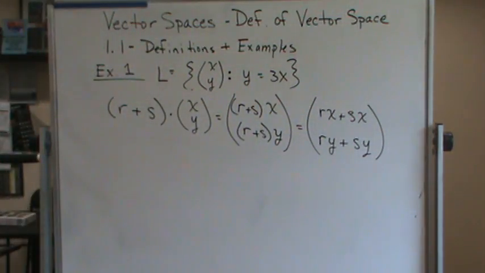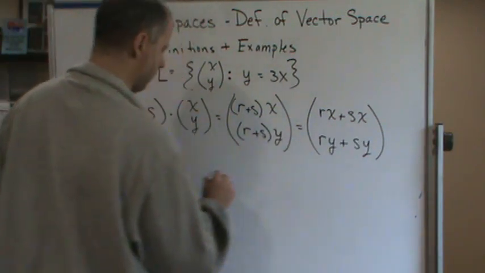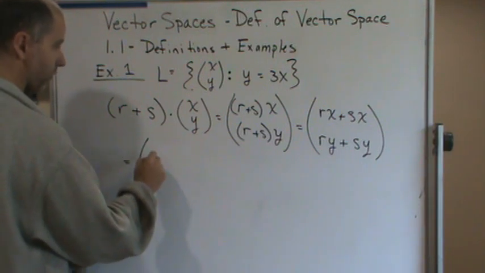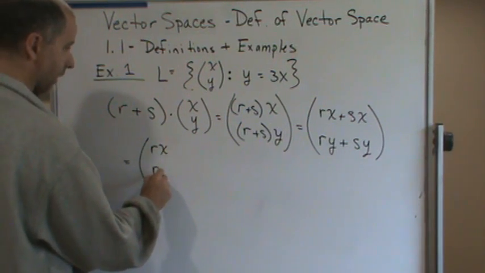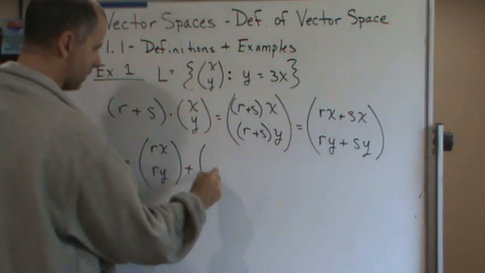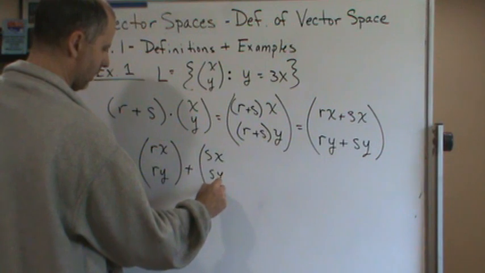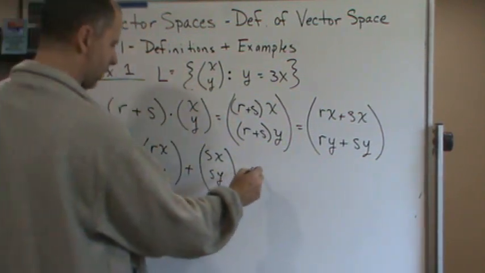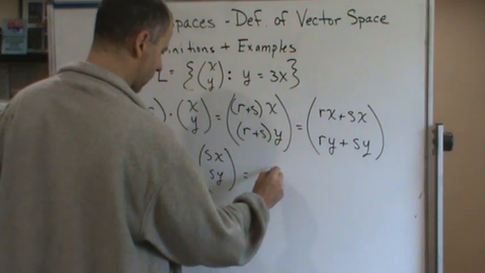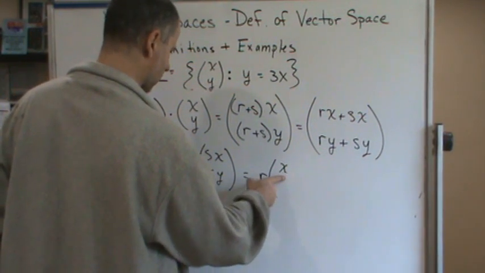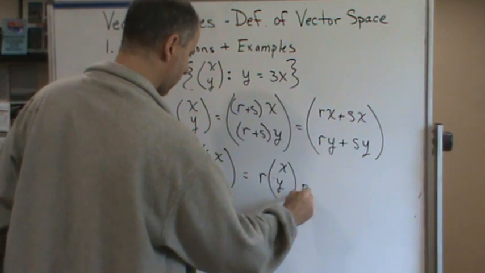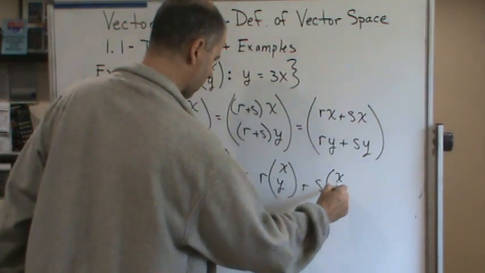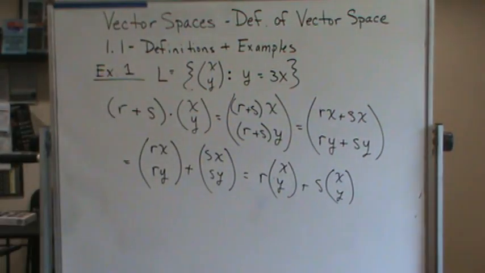And now all we have to do is pull out the r and the s, because now we can split this up, and so this is going to equal (rx, ry) plus (sx, sy), which now we can pull out the r and s, so we get r times (x, y) plus s times (x, y).